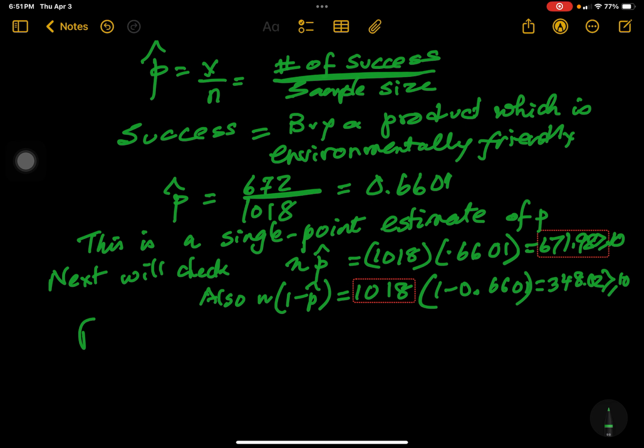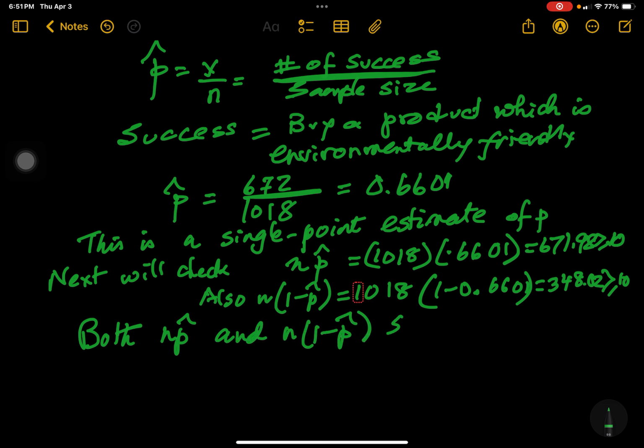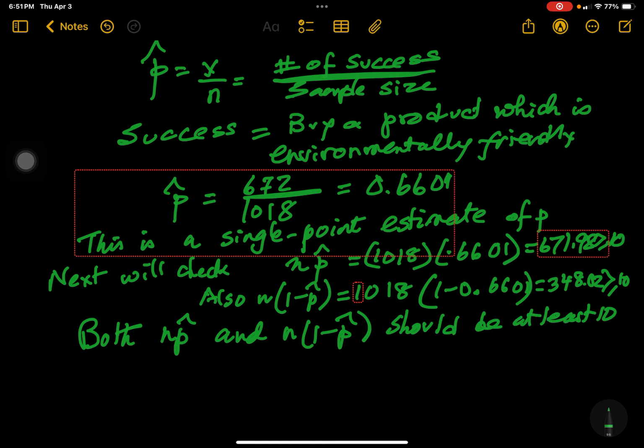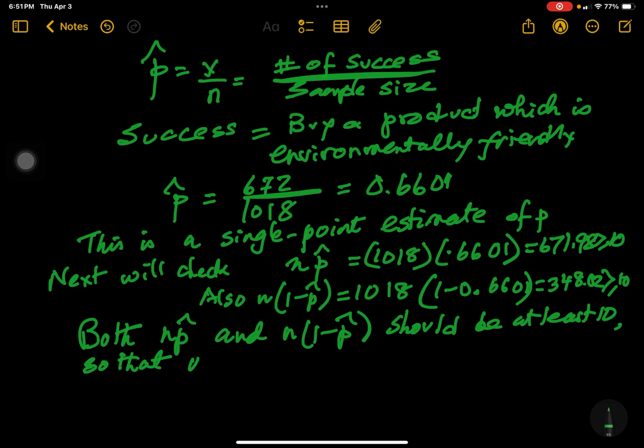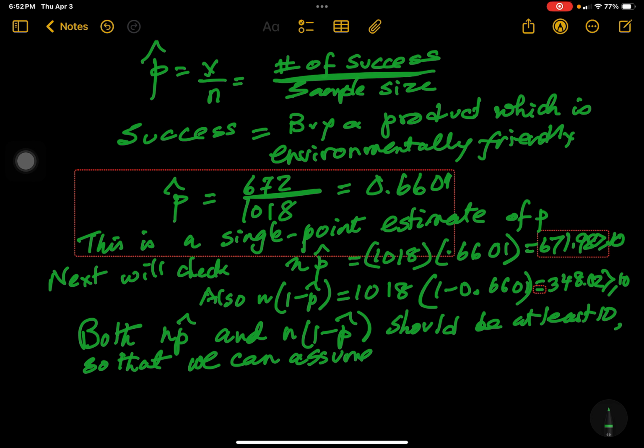So both n times p hat and n times 1 minus p hat should be at least 10, that is, greater than or equal to 10, so that we can assume that the sampling distribution of p hat is bell-shaped.